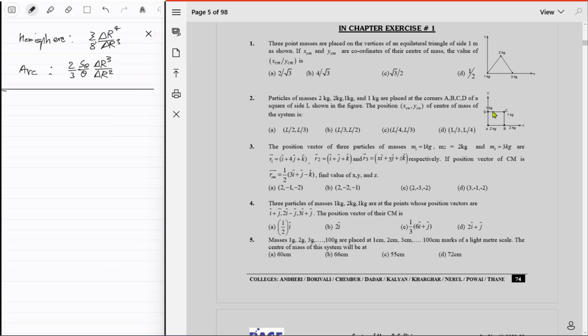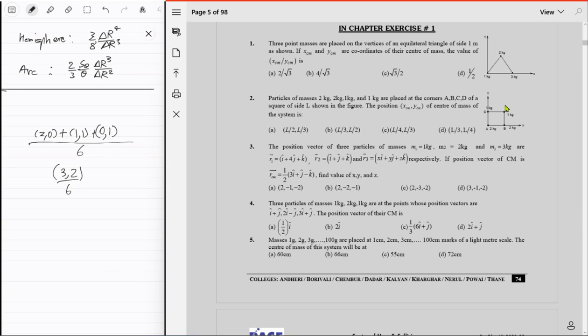And this is just 0 comma 1. So 2 comma 0 plus 1 comma 1 plus 0 comma 1, and all of that upon the full mass, which is 4 plus 2. Okay, so just 6 over there, which is 3 comma 2 upon 6.